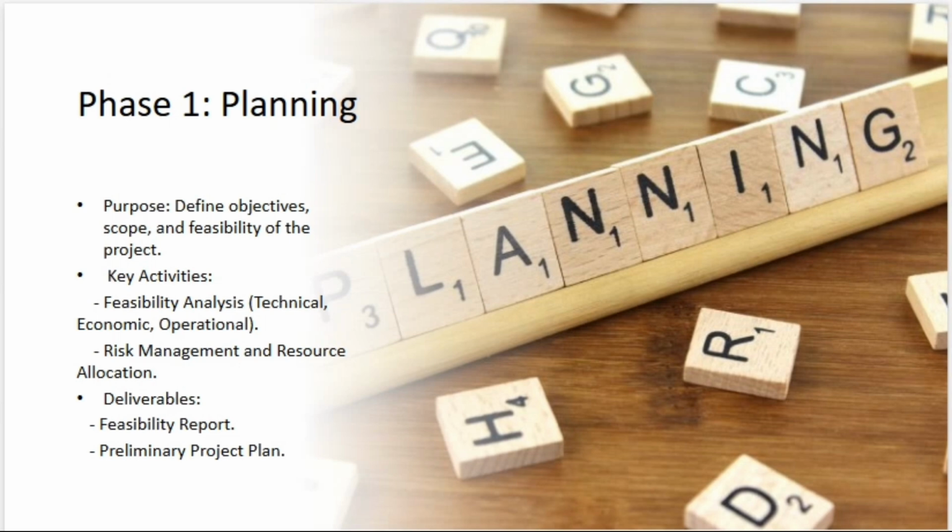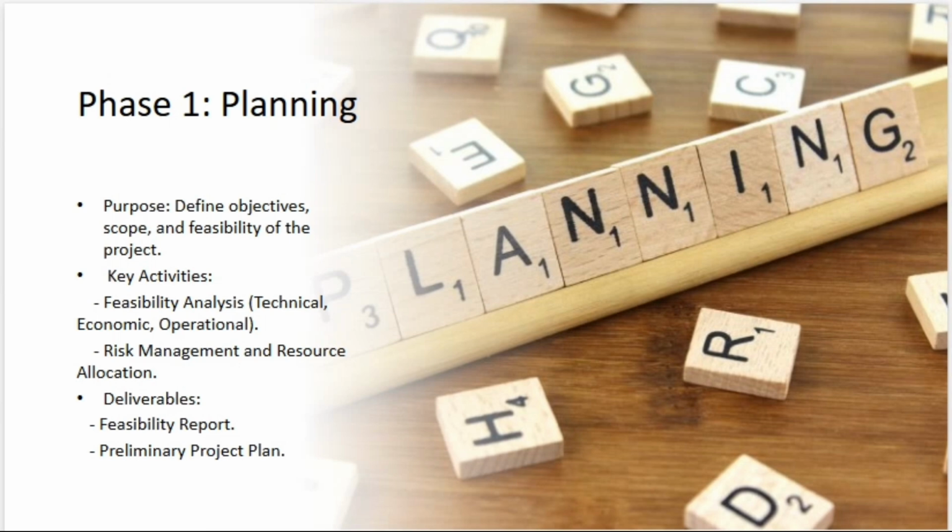What is the purpose of planning? Through the planning phase, the customer or user can define their objective, their scope, and the visibility of the project. Through the planning process we can do feasibility analysis, like technical, economical, and operational analysis.